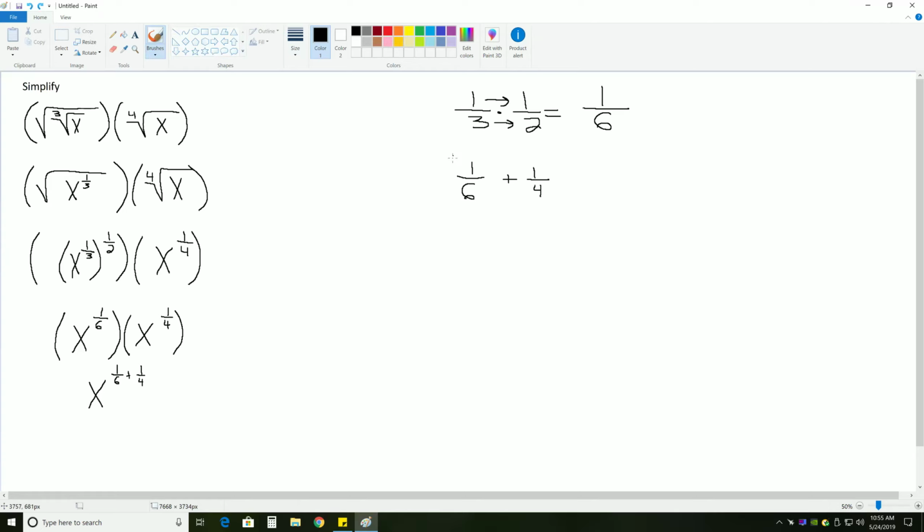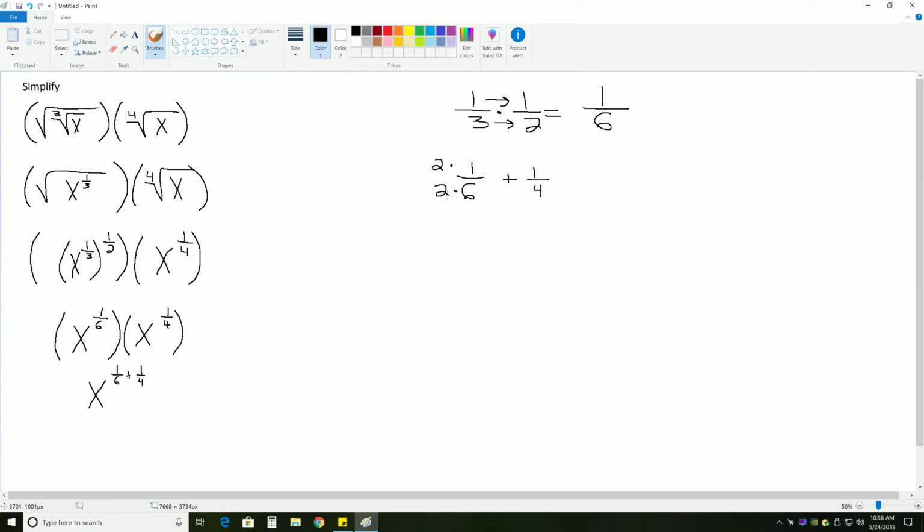The smallest number that 6 and 4 can both divide into would be 12. So we need to change this 6 to a 12, and to do that we have to multiply it by 2, and when we multiply it by 2 we have to multiply the top by 2.